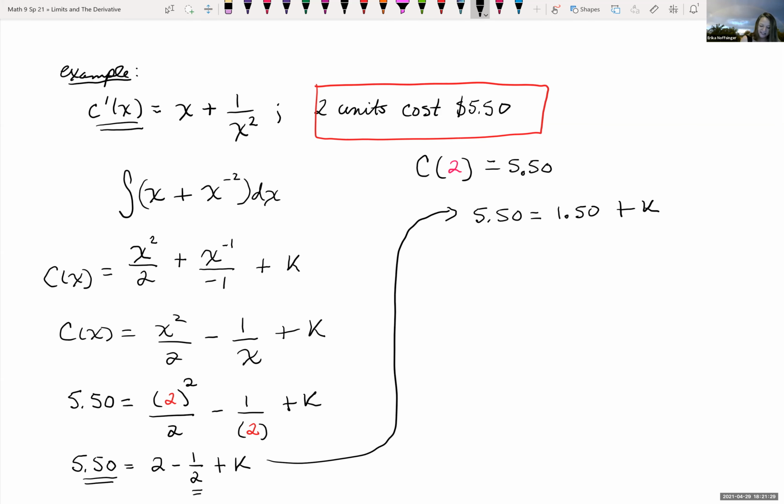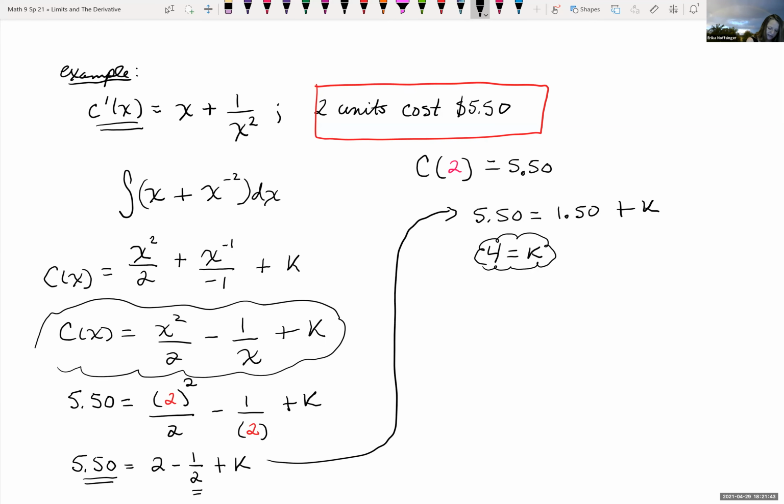So we have 5.50 minus 1.50 is 4, equal to k. So we found what k is, and we want to go back into our cost function and plug in our k value. So we found our cost function, which is x squared over 2 minus 1 over x plus 4.